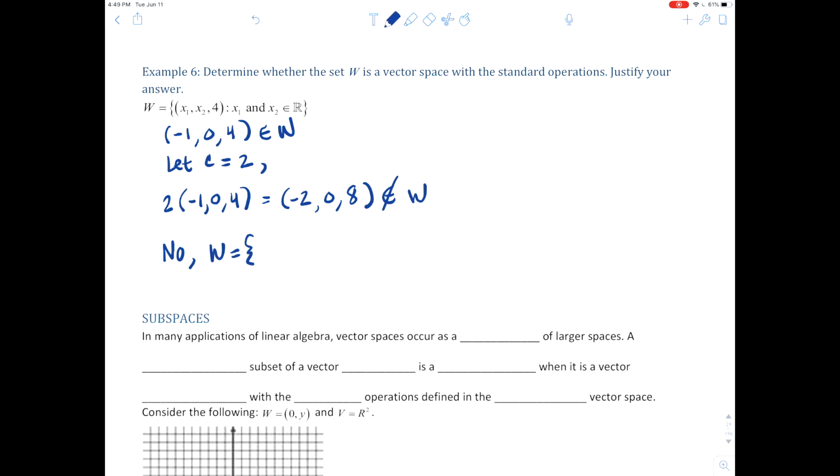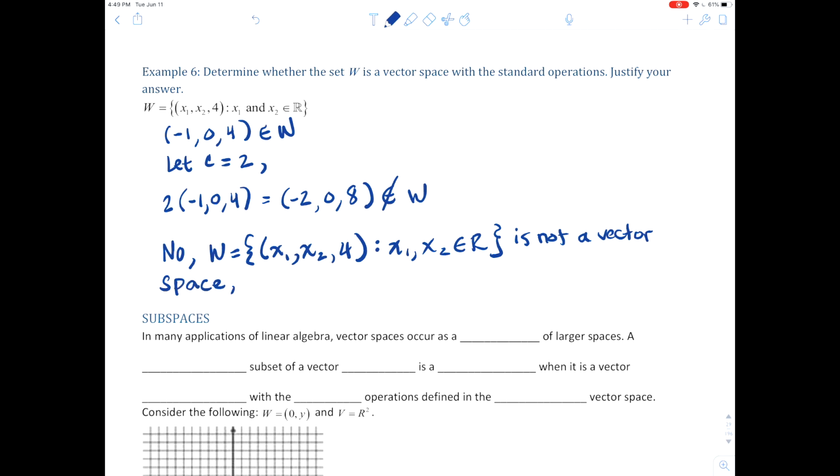So we would say no, W equal to all vectors in the form x1, x2, 4, such that x1 and x2 belong to the real numbers, is not a vector space, because what did I just violate there? Closure, right?